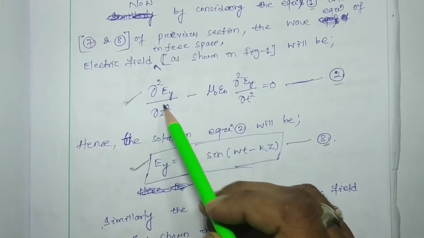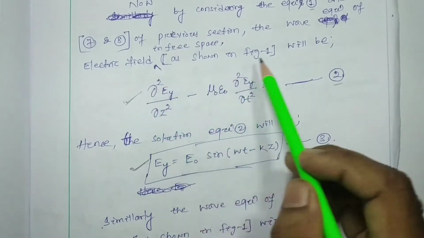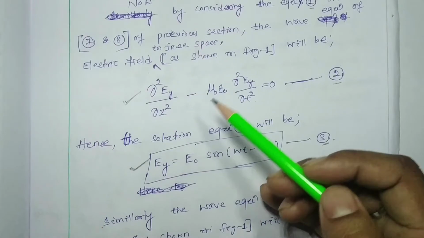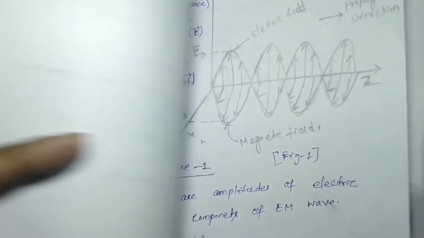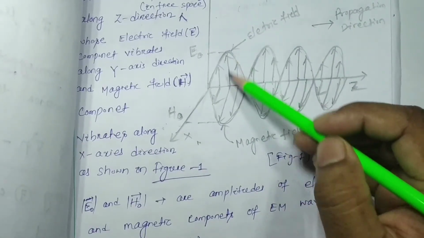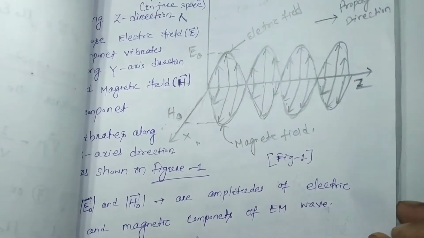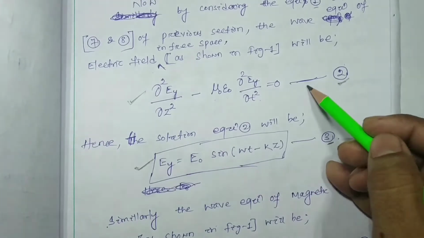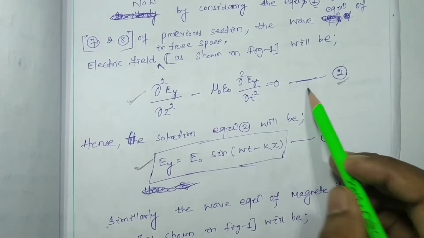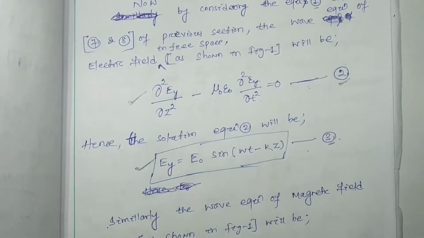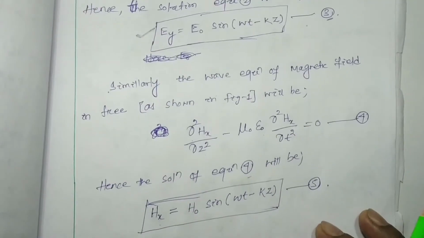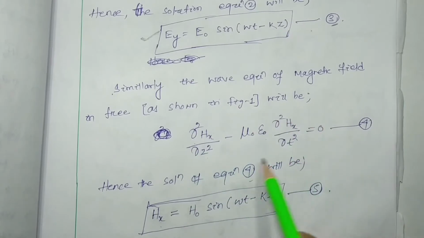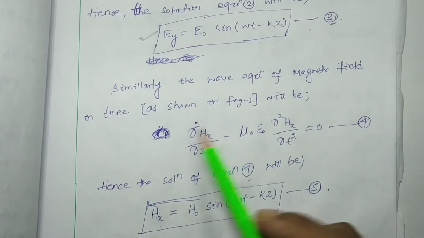This is nothing but the mathematical representation of the change of the electric field with respect to time and z, and the solution of this differential equation is this one. Similarly, the dynamics of the magnetic component is represented by this second order differential equation, and its corresponding solution is this one.